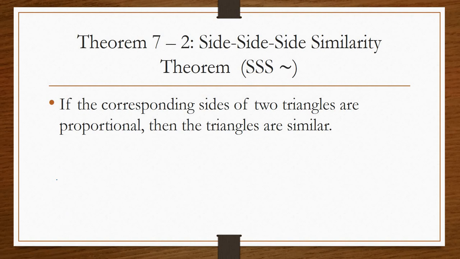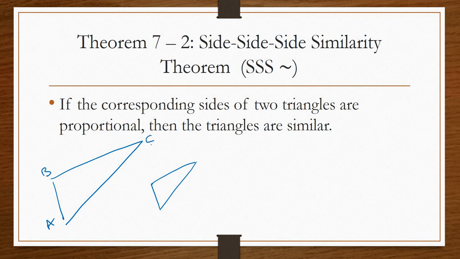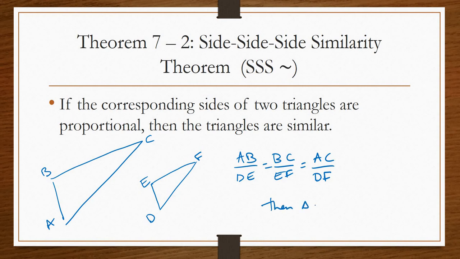So again, if I have two different triangles, ABC, DEF, if the corresponding sides, so if AB over DE is proportional to BC over EF, which is also proportional to AC over DF, if all three corresponding sides are in proportion, then again triangle ABC is similar to triangle DEF.